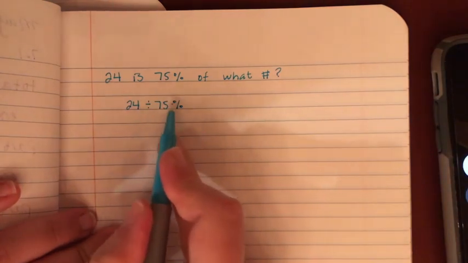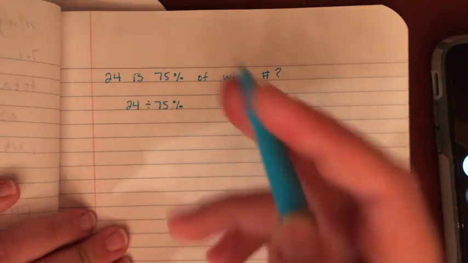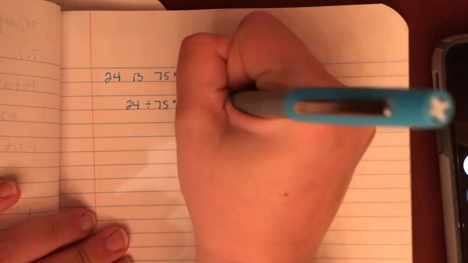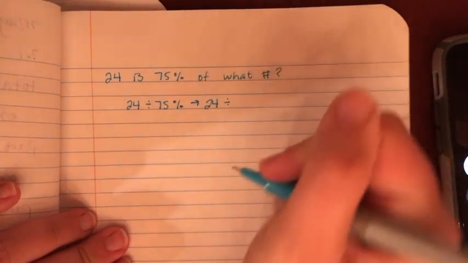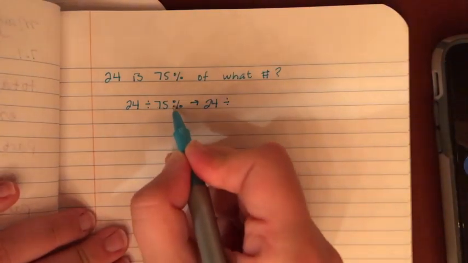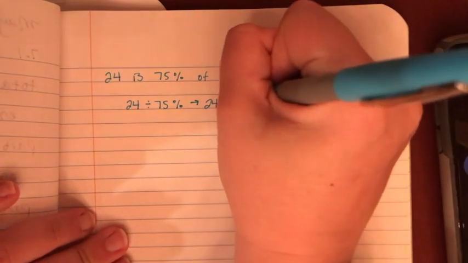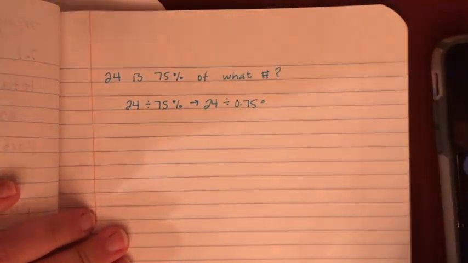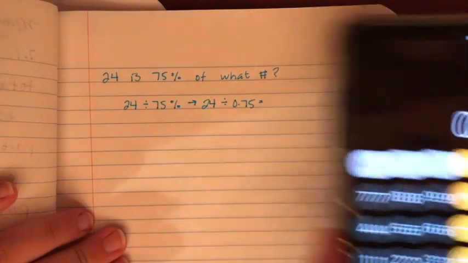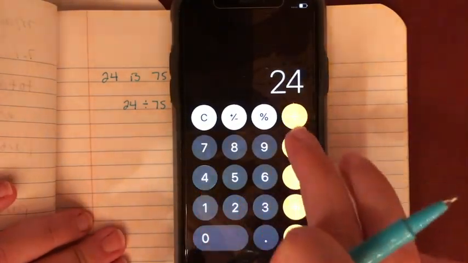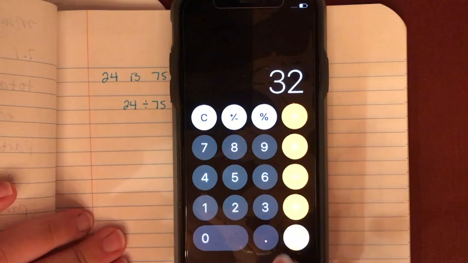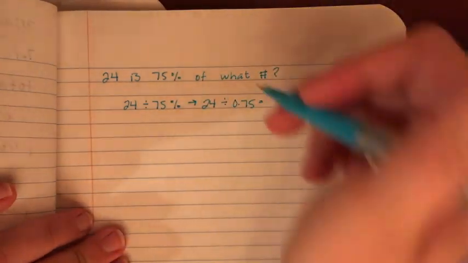Again, I cannot divide by a percent. I have to convert it to a decimal. There's no decimal in my percent, so I start at the end. I move it in twice. And here I have 24 divided by 0.75, and I get 32.